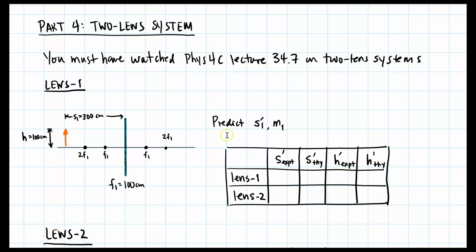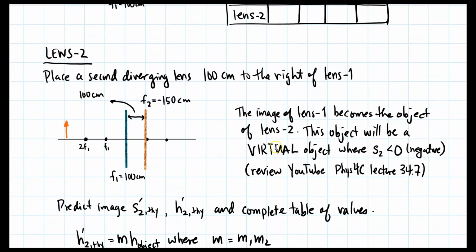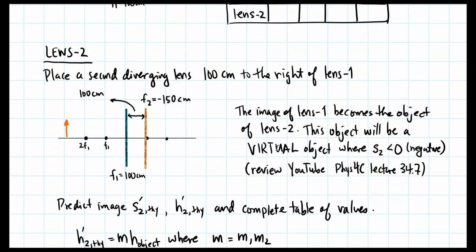So now I'm going to repeat this process with lens 2. In lens 2 here, I'm going to put a second lens that's diverging, that's 100 centimeters to the right of lens 1.